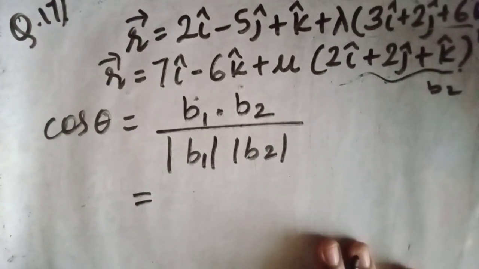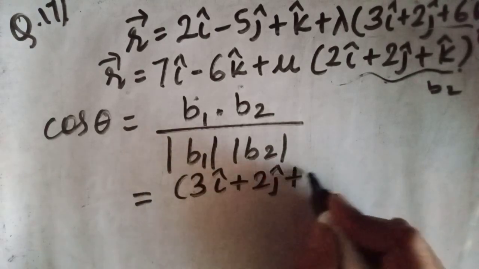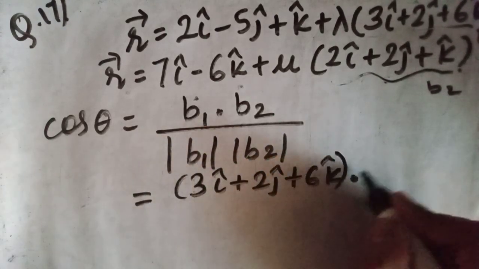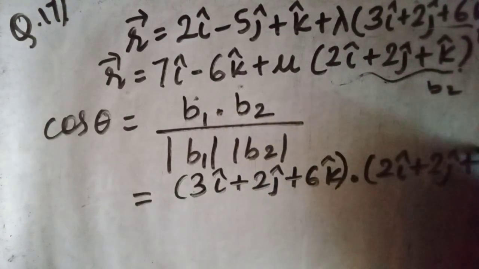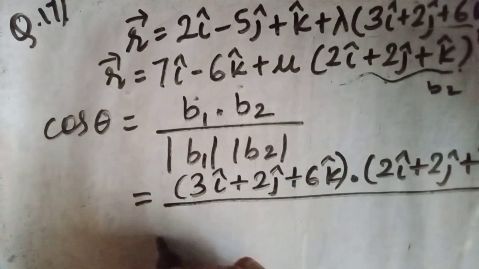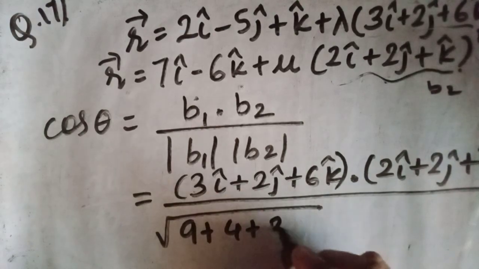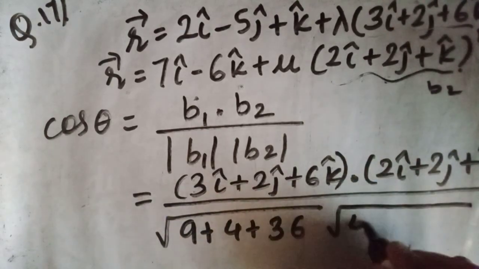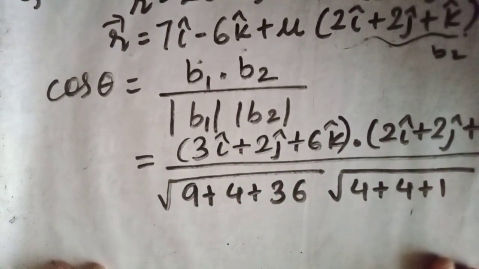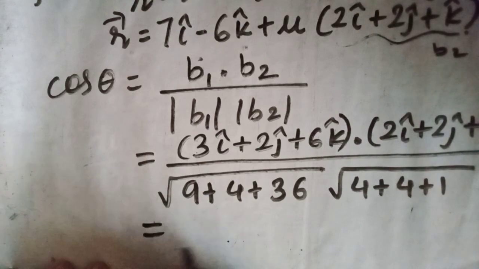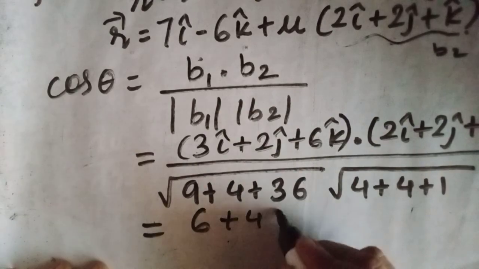So b1 is 3i plus 2j plus 6k dot 2i plus 2j plus k upon magnitude of 9 plus 4 plus 36 into 4 plus 4 plus 1. Okay, so 3 2s are 6, 2 2s are 4, 6 1s are 6.